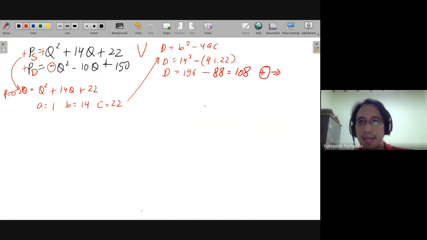That means it will have 2 points, the maximum point and 2 points.